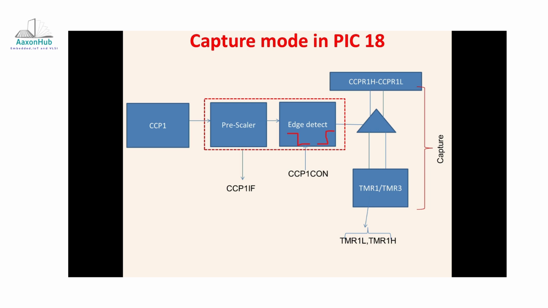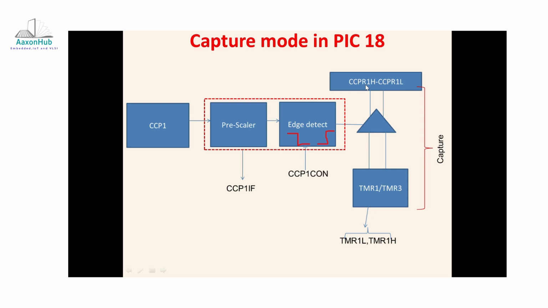In this mode, Timer 1 or Timer 3, comprising these two registers, lower byte and higher byte, will copy the data to the CCP1 register. This CCP1 register, a 16-bit register, is split into a lower byte and a higher byte register.